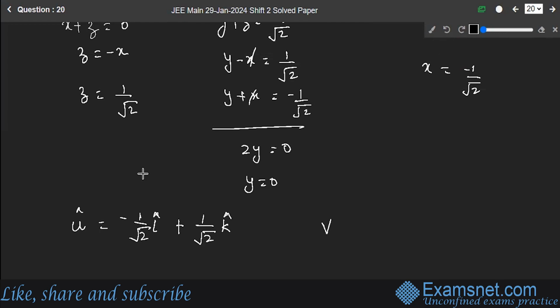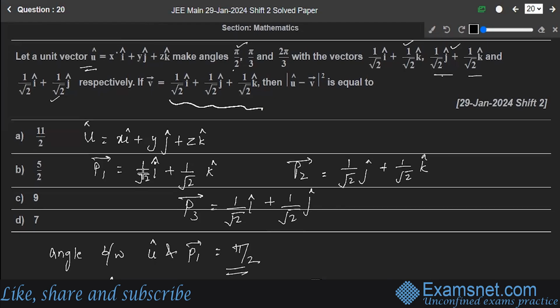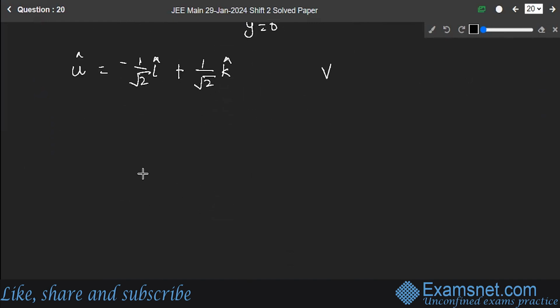And your v vector was 1 by root 2, all of its components, i, j and k.